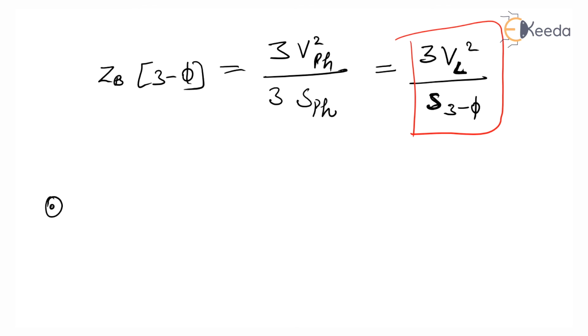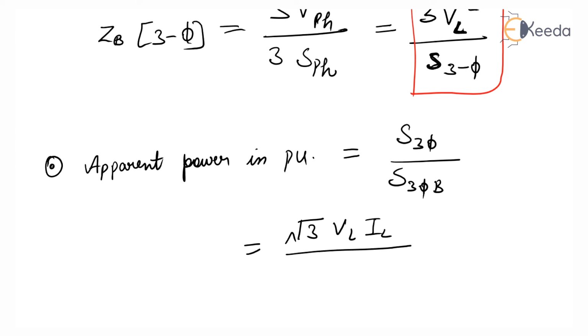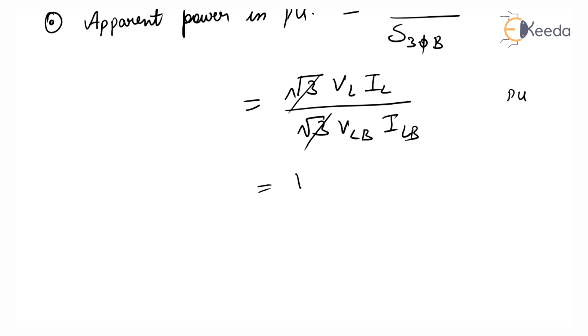Now for apparent power in per unit, for three phase, it is equal to root 3 VL IL upon root 3 VL base IL base. Root 3 cancels out, so this is equal to VL per unit IL per unit.